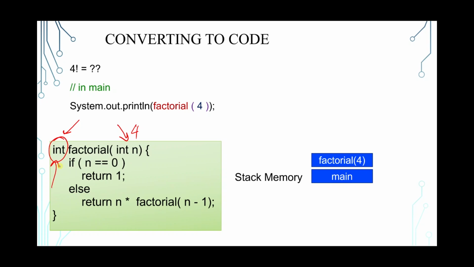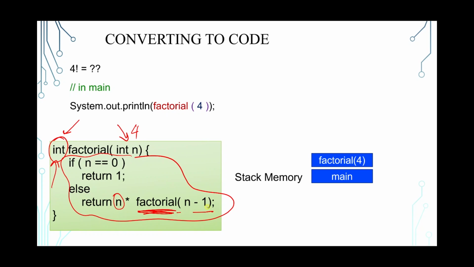To answer that, you have to understand very well the stack processes, the stack frames, and how they work. If we have this implementation, we stop only when n gets to be 0. Otherwise, we multiply n by calling the function again on n minus 1.